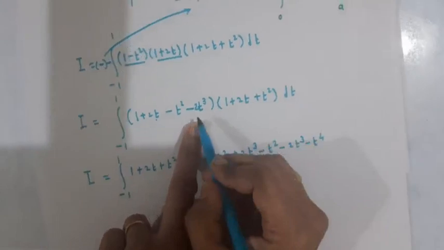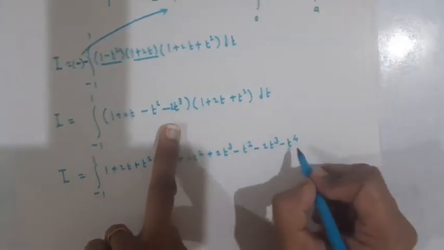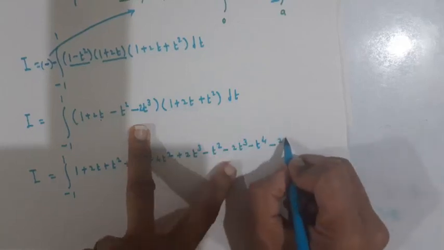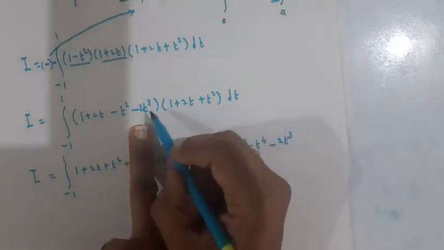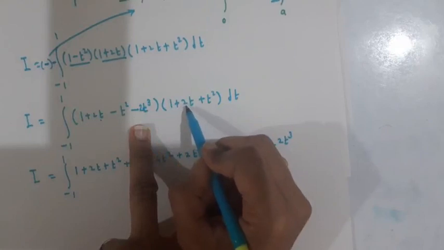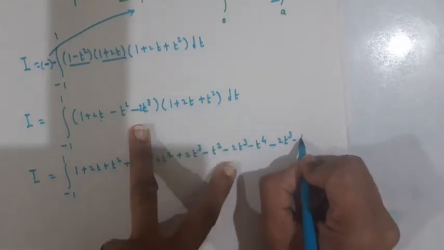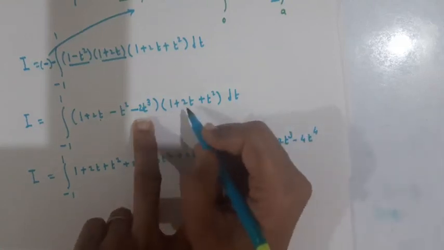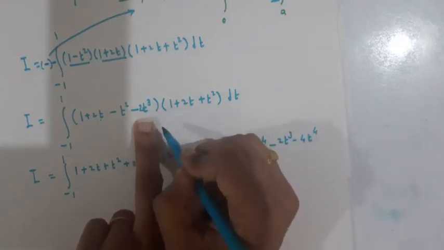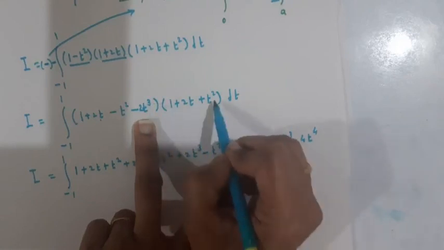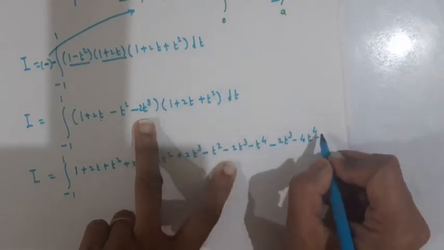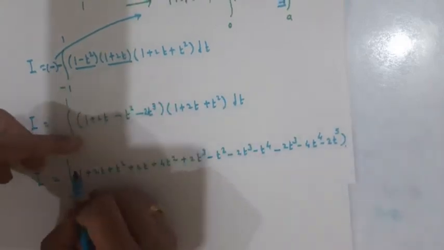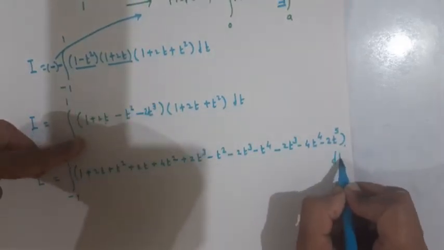Now multiply with minus 2t raised to 3: minus 2t raised to 3 into 1, that is minus 2t raised to 3, minus 2 into 2, that is minus 4t raised to 4, then minus 2t cube into t raised to 4, that is minus 2t raised to 5, and whole with respect to t.